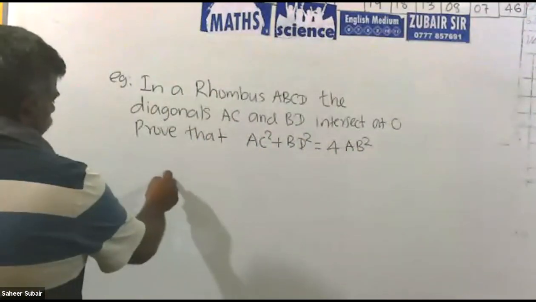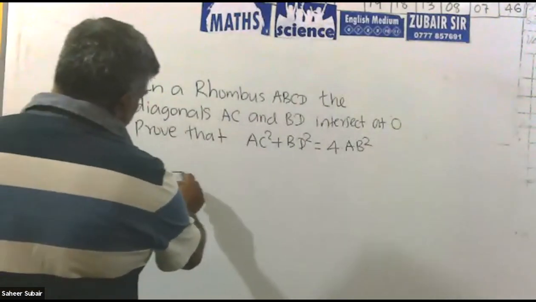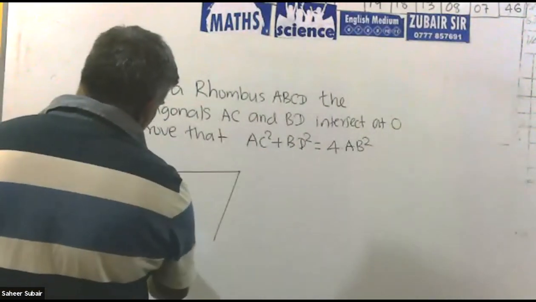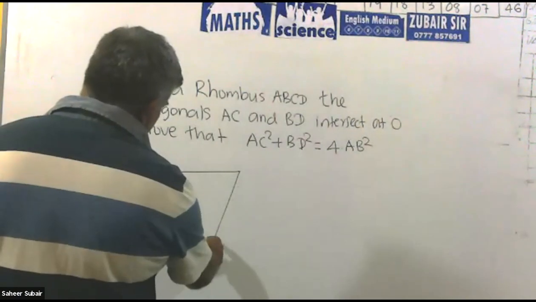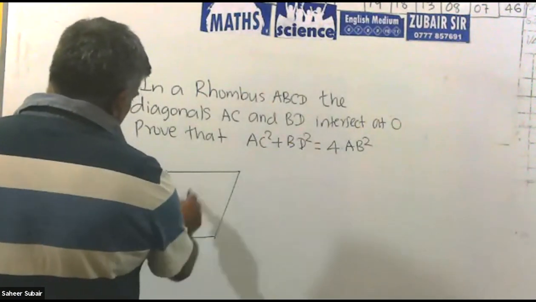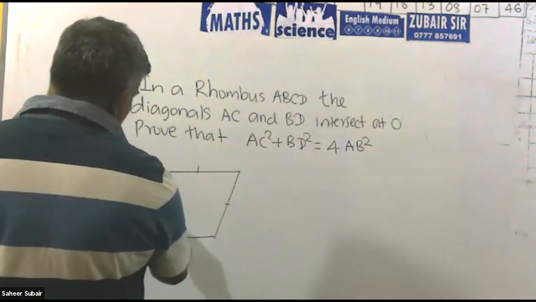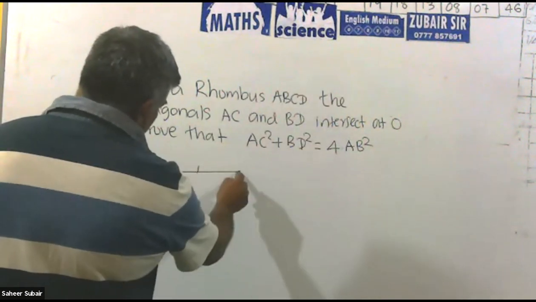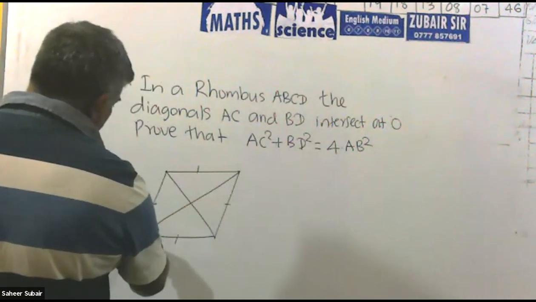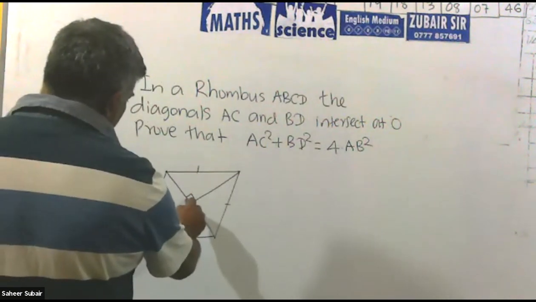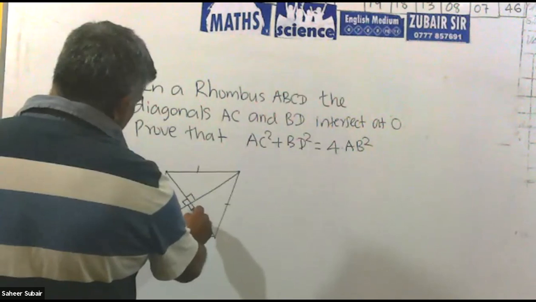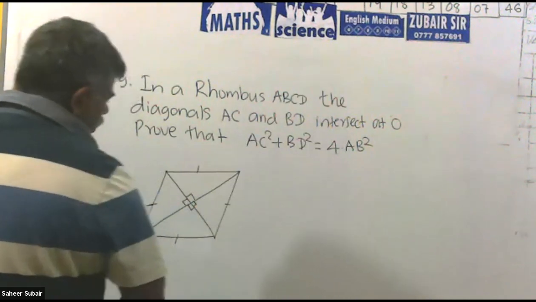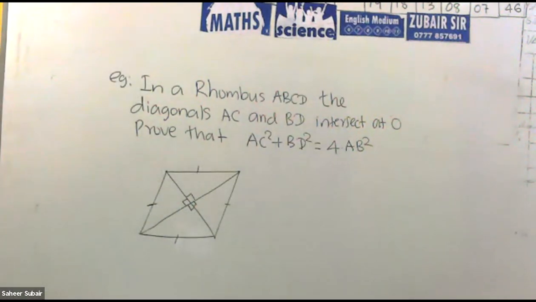ABCD is a rhombus. Rhombus means all four sides are equal. Like the square, all four sides are equal. And the special property of the rhombus: the diagonals bisect each other at right angle.